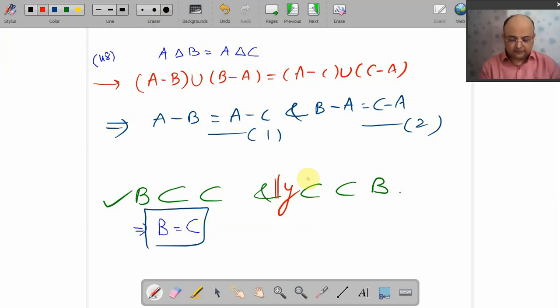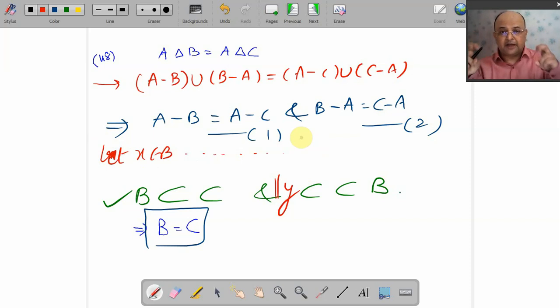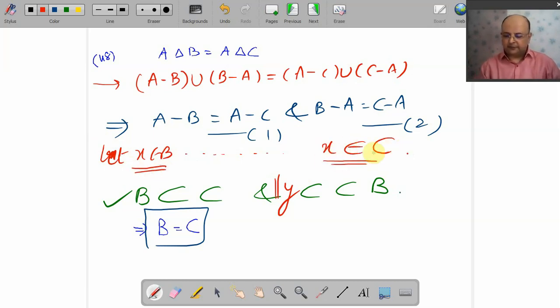Yes, my darlings, you will say let x belong to B, and after some steps, really two procedures, two paths, either x belongs to A or x does not belong to A. Remember? And ultimately you will arrive at x belongs to C. So x belongs to B implies x belongs to C. So B is a subset of C.